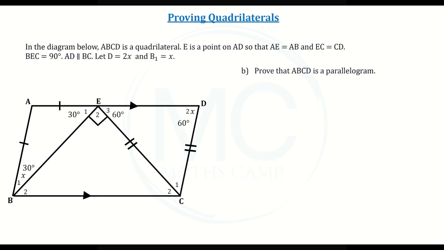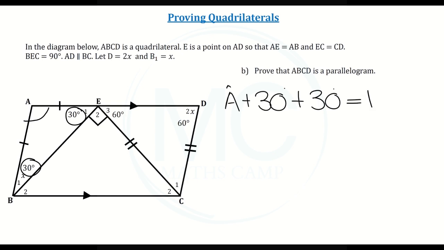Angle A sits up here in triangle ABE with two 30-degree angles. And we know that the sum of the interior angles of a triangle is always 180 degrees. So we can say angle A plus 30 degrees plus 30 degrees will give us a total of 180 degrees.